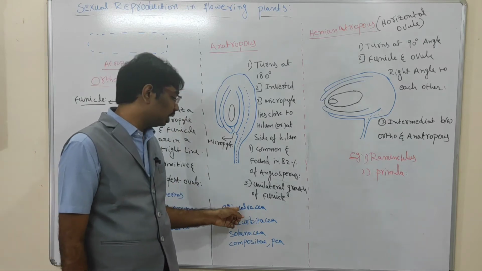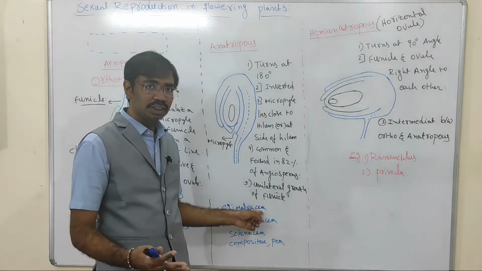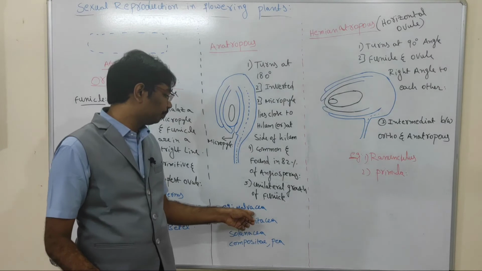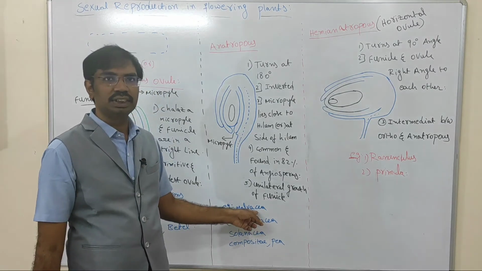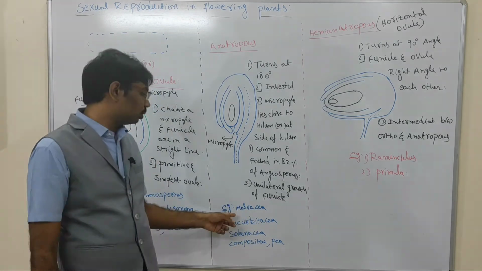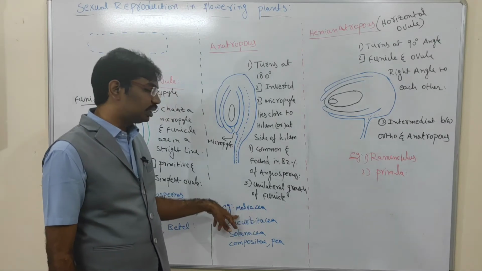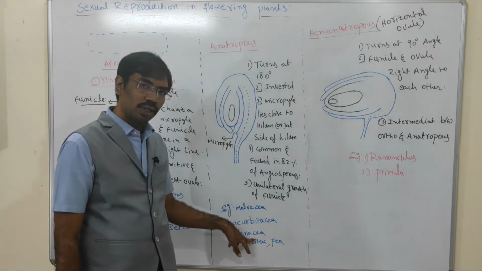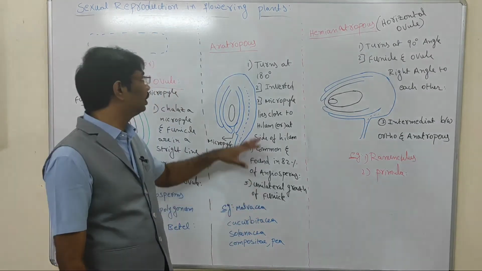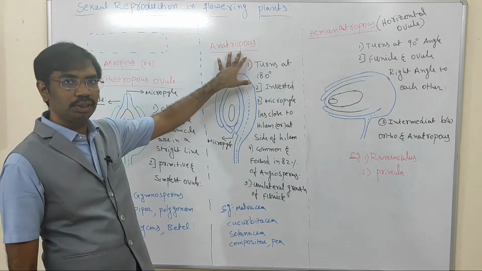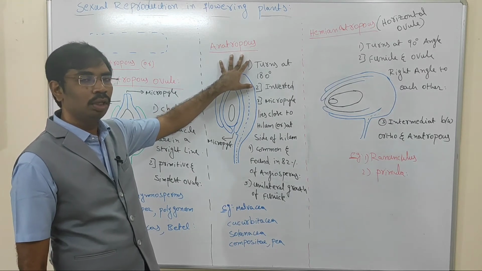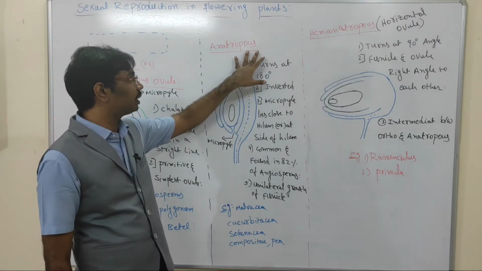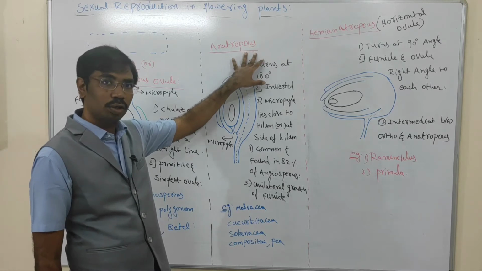Malvaceae is not present in NCERT, but hibiscus, cotton and lady's finger are Malvaceae plants. So Malvaceae, Cucurbita, Compositae, Solanaceae and pea plants have an Anatropous ovule. This is the most common type of ovule in angiosperms, 82%.